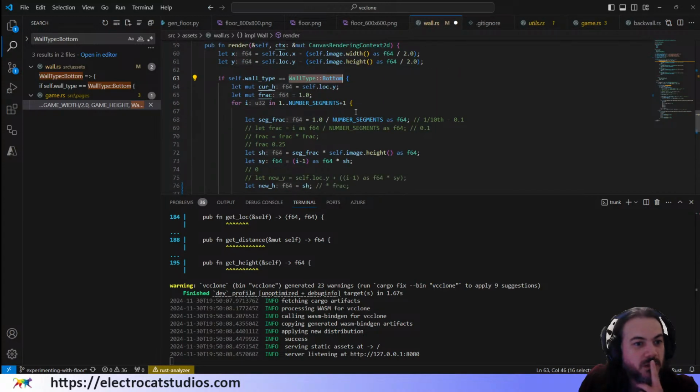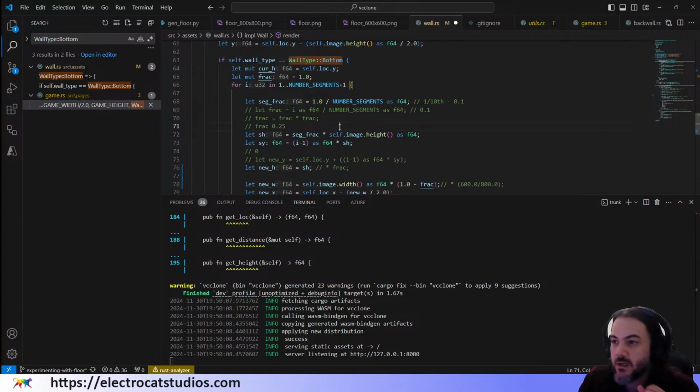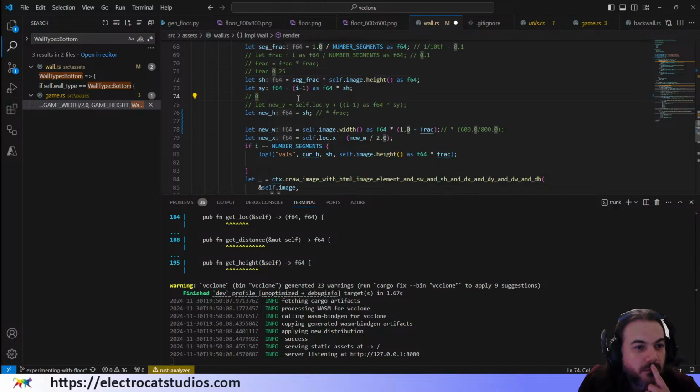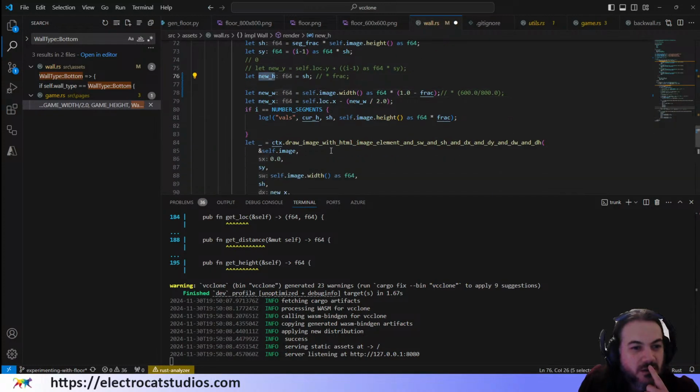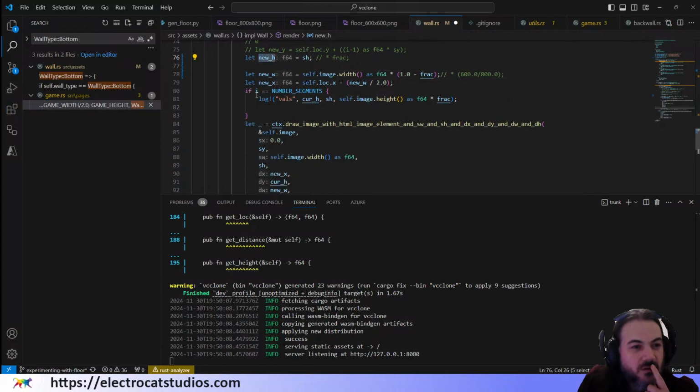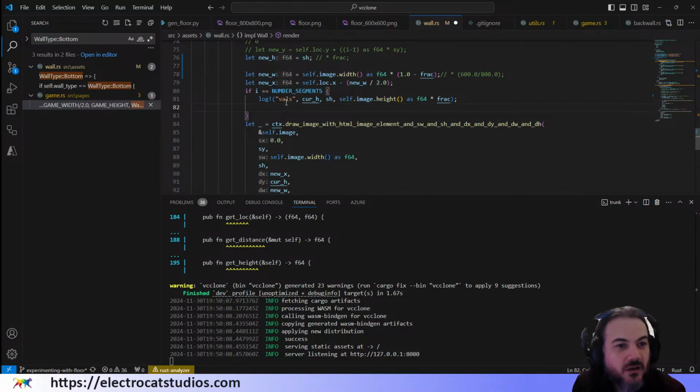That looks like some debug that we put in there before.